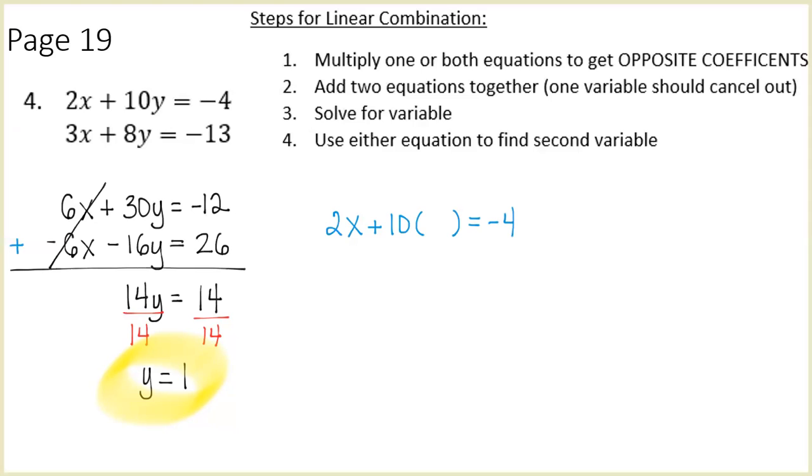And we figured out that y is 1. So that would be 2x plus 10 equals negative 4. Subtract 10. 2x equals negative 14.